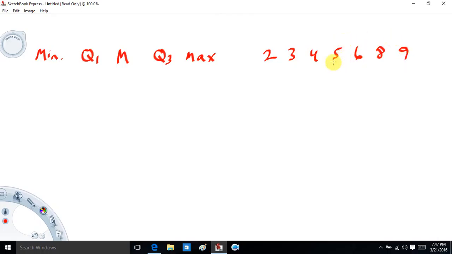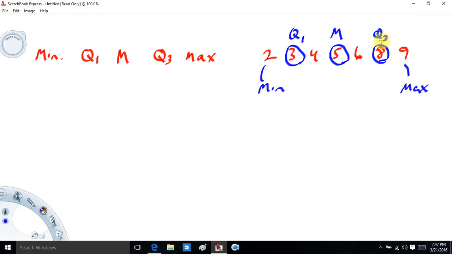Okay, so we know the median is going to be this number. This is going to be Q3, and this is going to be Q1. And this one will be your min and max. So if we wanted to draw a box plot, we could either draw it vertically or horizontally, either way.